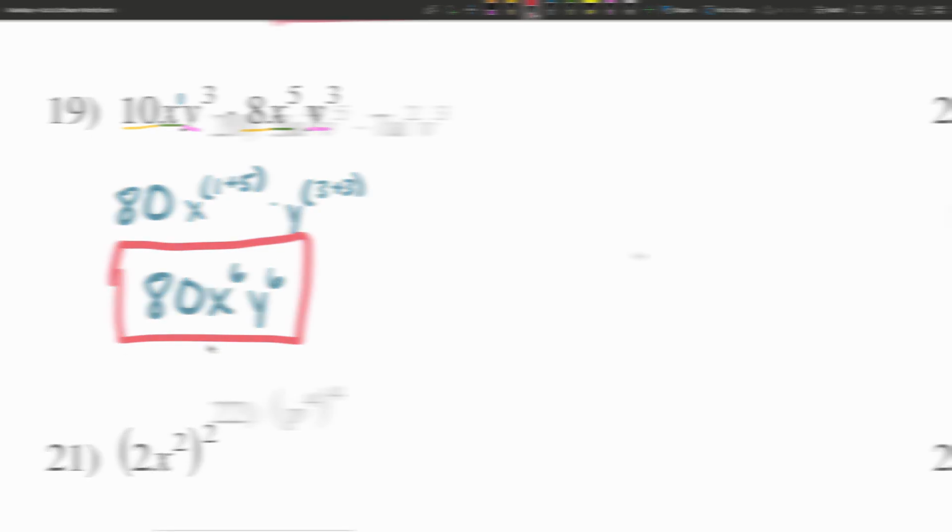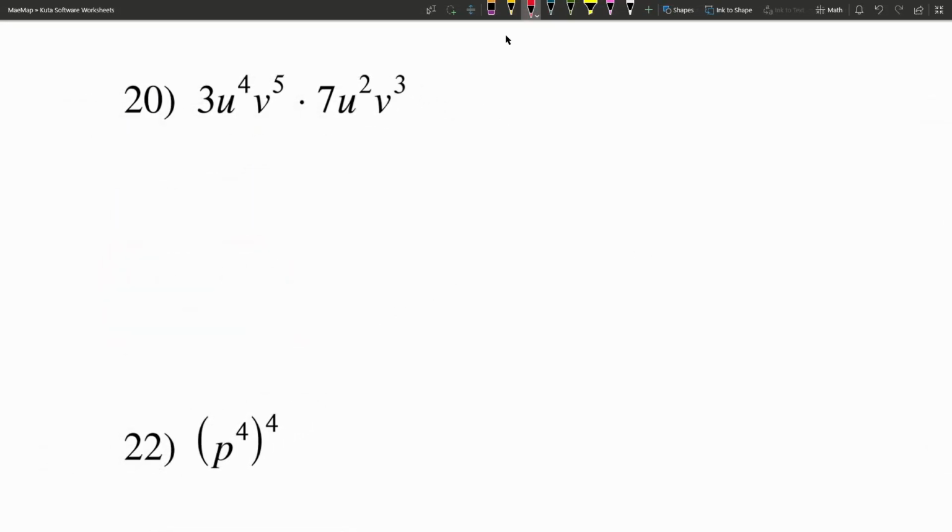In number 20, combining our coefficients at the start, 3 times 7, that's going to be a positive 21. Then we can combine u to the fourth and u squared since they are the same base. So that's going to be u to the 4 plus 2. And then finally, we're going to be multiplying our v to the fifth with v cubed since those are the same base of v.